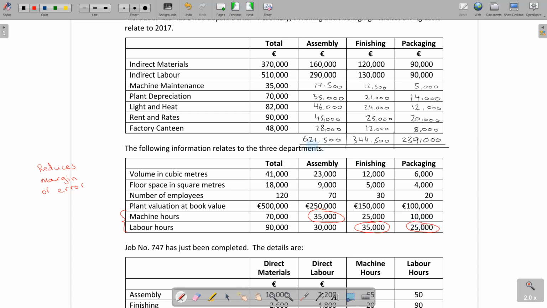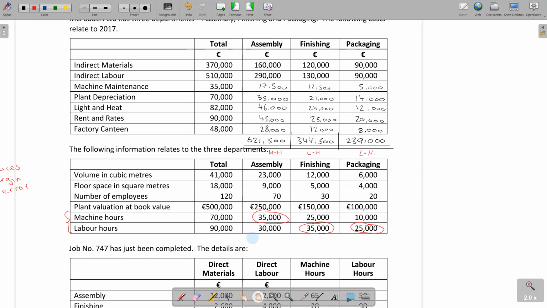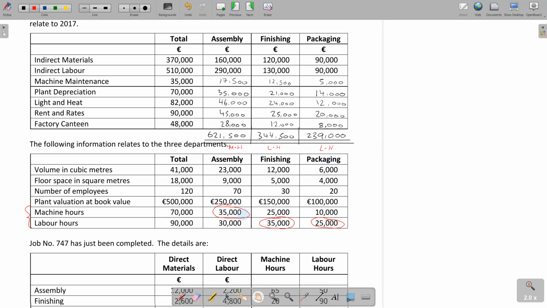So we're going to be using machine hours here. So I'm just going to do MH. We're going to be doing labor hours to get the rate there, and labor hours to get the rate there as well. So I'm just going to do it on the side to make it easier, but what you should be doing is writing it, let's say, on the next page.